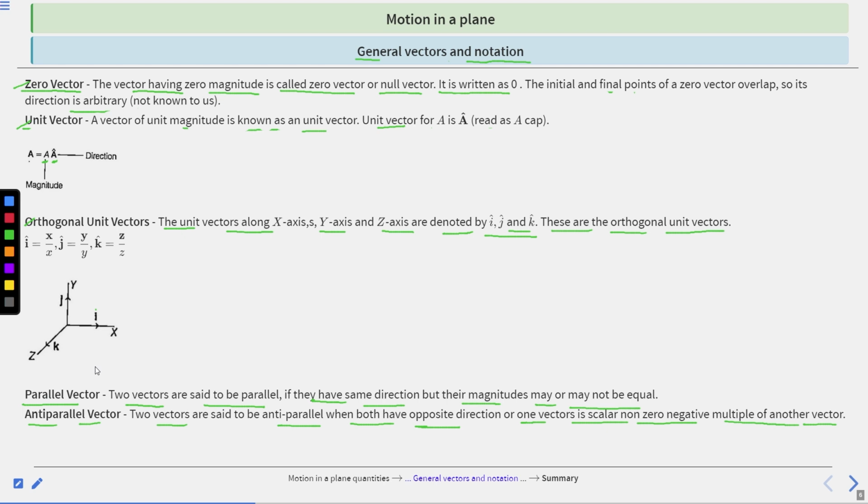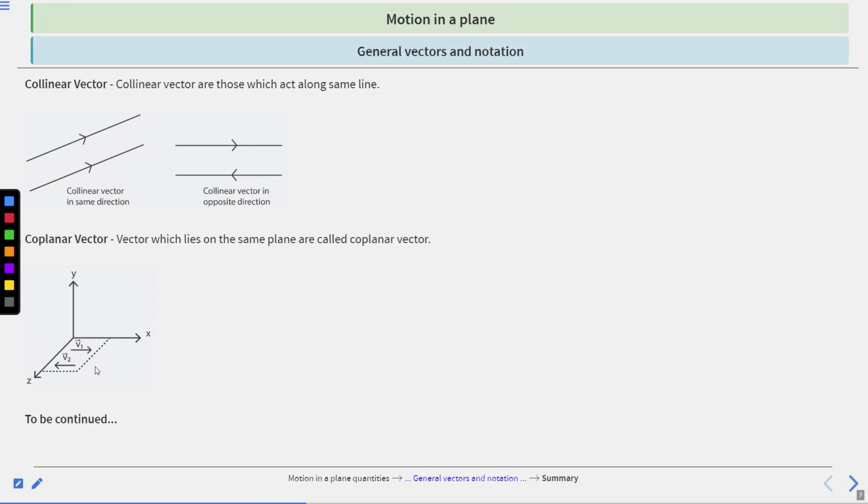Next is collinear vectors. Collinear vectors are those which act along the same line like this. This is the collinear vector. Collinear vectors in the same direction. In this diagram, collinear vectors in opposite direction.